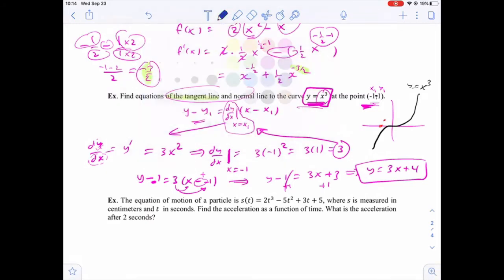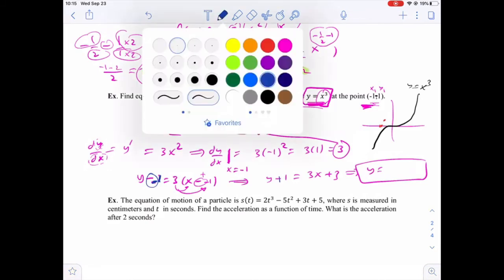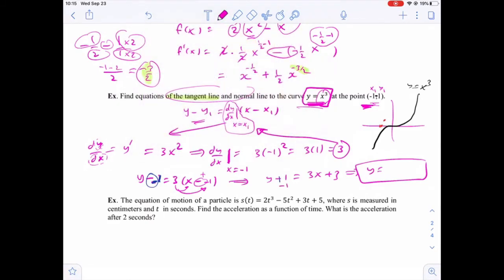I just changed this, I'm going to use a different color. Negative 1 here, and that will be plus 1, and that means in this step we just subtract 1 from both sides. We get y equals 3x plus 2, and that's the only change here.